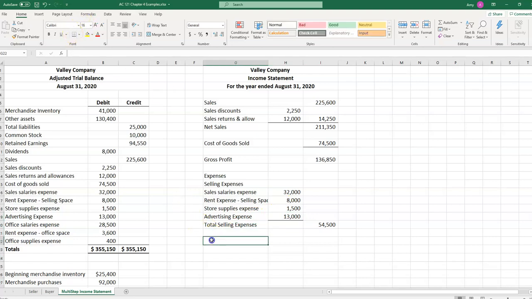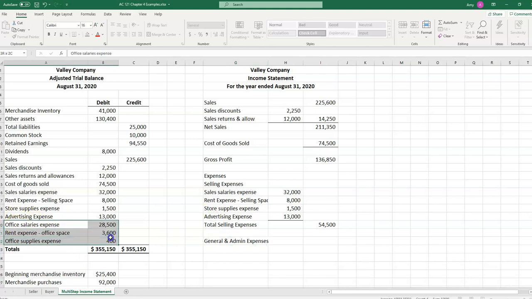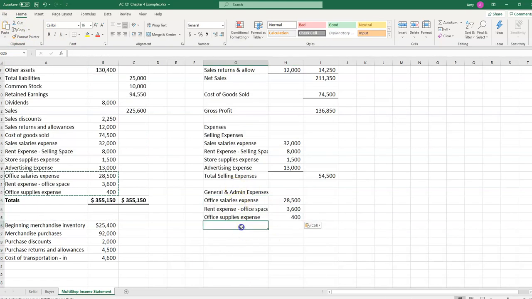Then we have our general and administrative expenses. These are remaining expenses, the office salaries, the office space, and office supplies. Add those together to get our total general and administrative expenses.